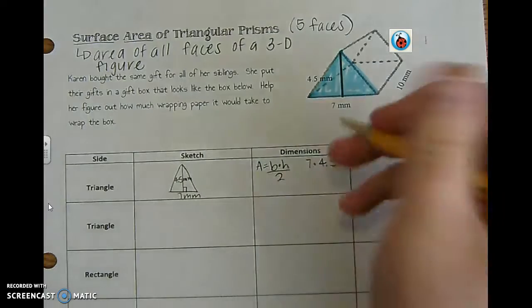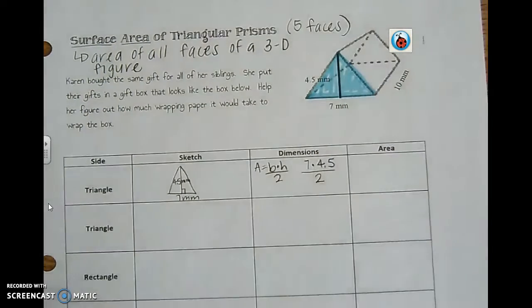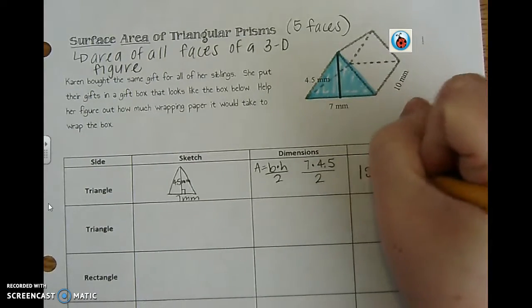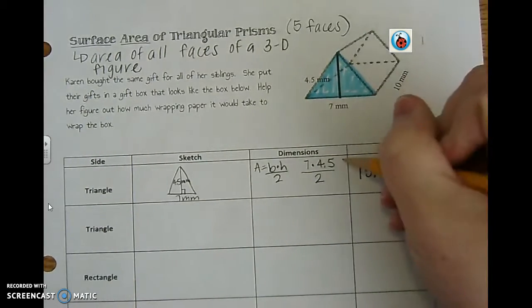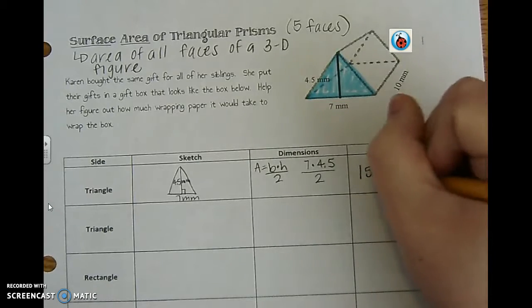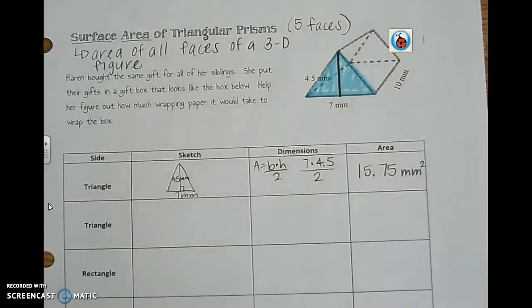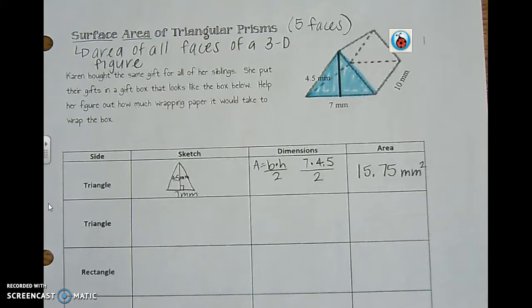And then, since it's a triangle, I'm going to divide that answer by 2. So I need to calculate the area of that face. When I multiply and then divide by 2, I get 15.75 millimeters squared, because area is calculated in square units.